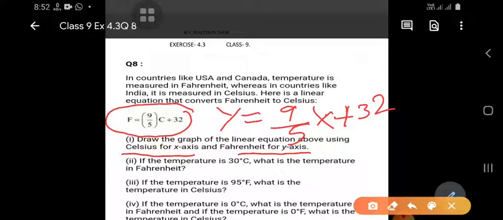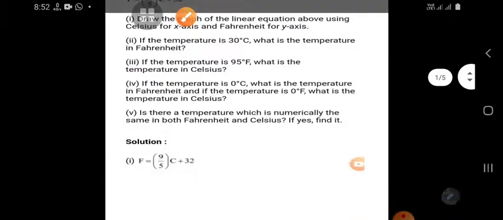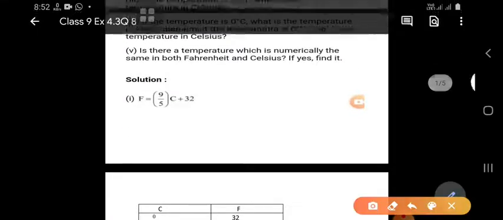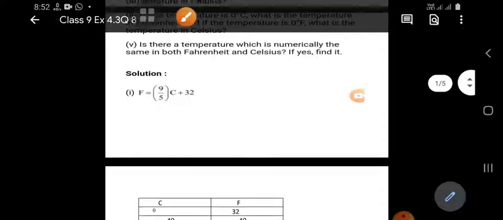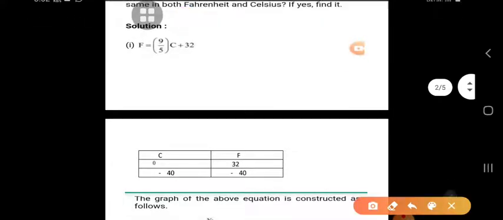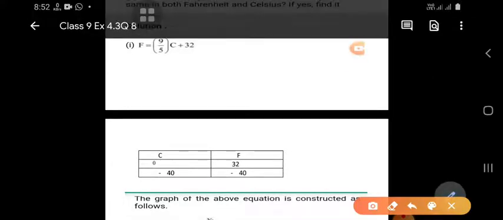So first we go for solving the equation. Question number 1. You have to draw the graph. This is the equation. As I have told you, F is working like y and C is working like x. So first we find the values. Look at here.